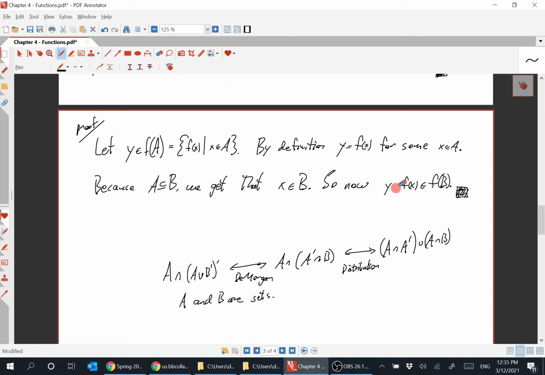Like here, I made my mistake: I had this symbol rather than this symbol. What's wrong with what I'm writing here if A and B are sets? What does this symbol mean?